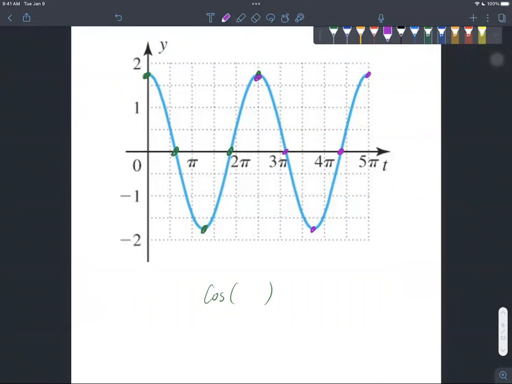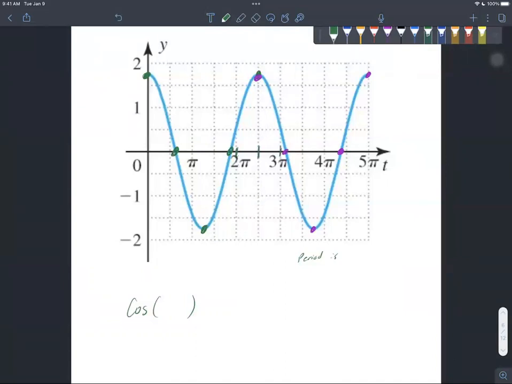Okay, so how long is one period? Well, let's take a look. Let me write this in green. The period here, it looks like, is between 2 pi and 3 pi, right in between there.